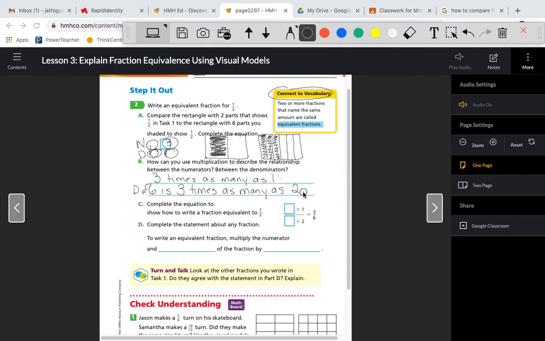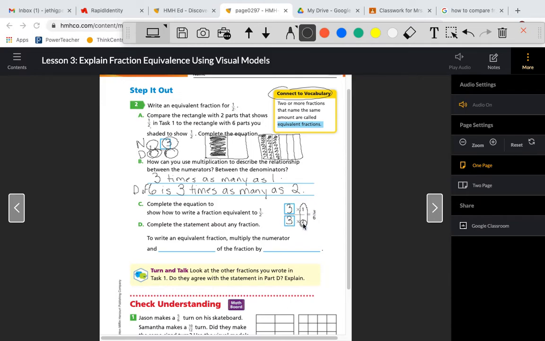Now let's look at how to complete the equation to show how to write a fraction equivalent to 1/2. So to find a fraction that's equivalent to 1/2, so here's 1/2, we're going to multiply. So we're going to take the number 3, we're going to say 3 times 1 is 3, and we're going to use the same number in the denominator to multiply it by 2.